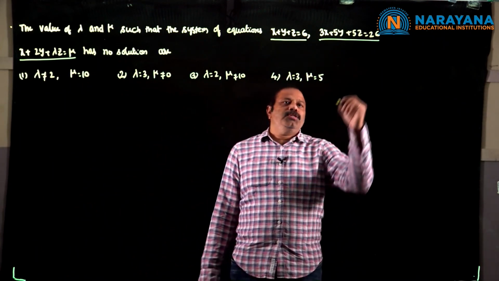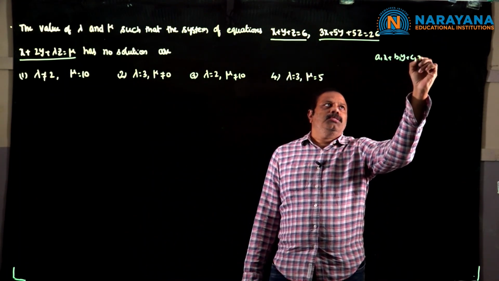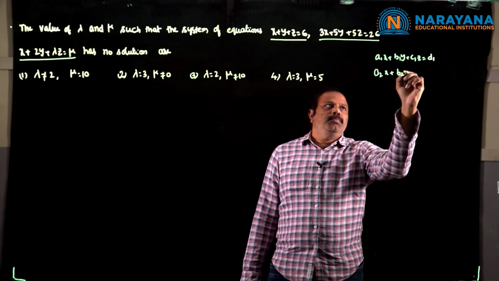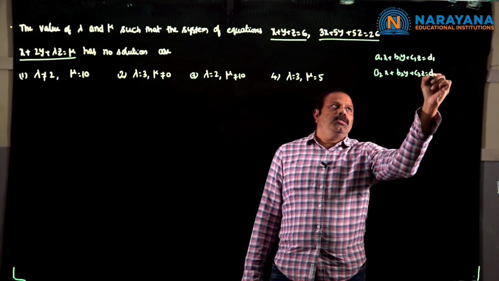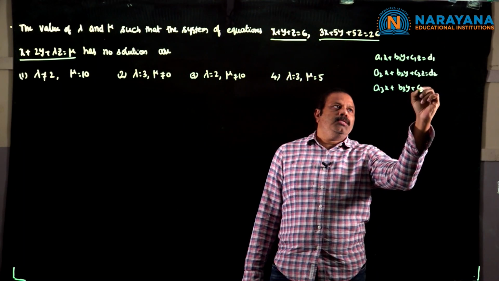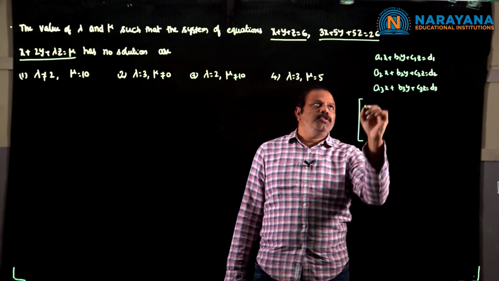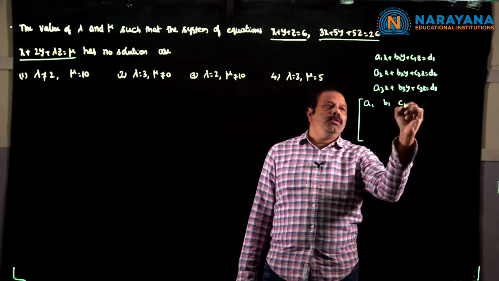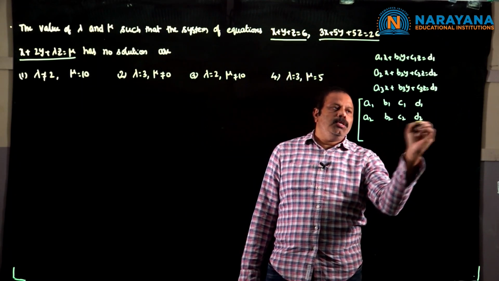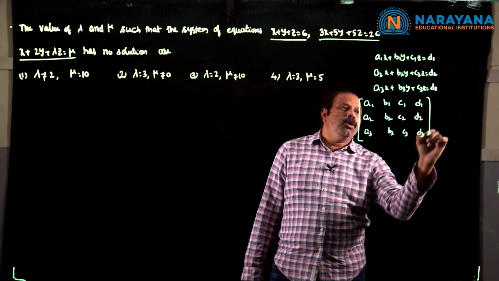Let us take the equations like a1x plus b1y plus c1z is equal to d1, a2x plus b2y plus c2z is equal to d2, a3x plus b3y plus c3z is equal to d3. Now let us write the augmented form of this matrix. This is a1, b1, c1, d1, a2, b2, c2, d2, a3, b3, c3, d3. This is called the augmented form.